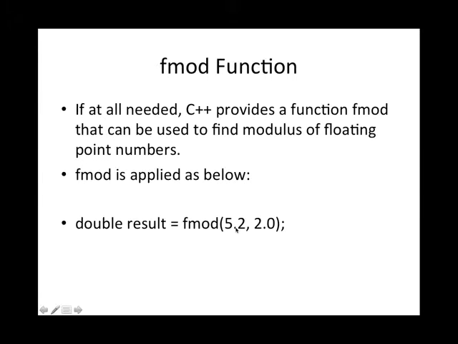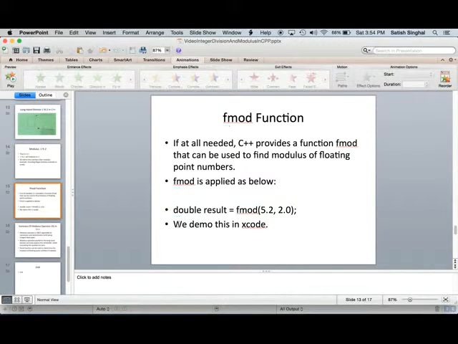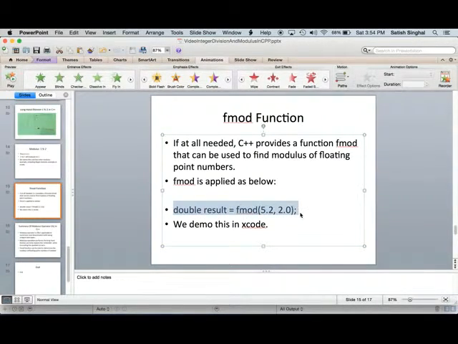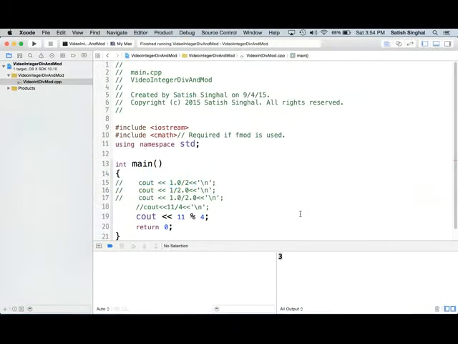And I could, as a matter of fact, copy this and show you in Xcode exactly. I can't put it directly here because there's a double data type there, but I could print the result here actually.